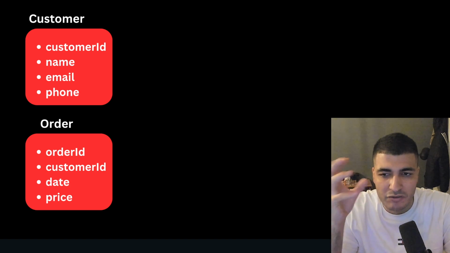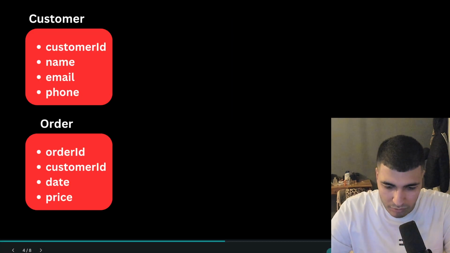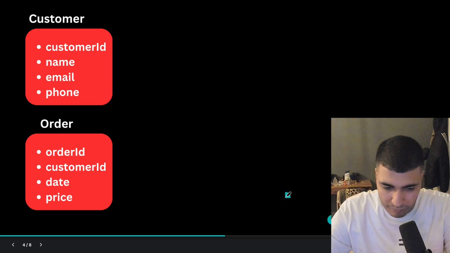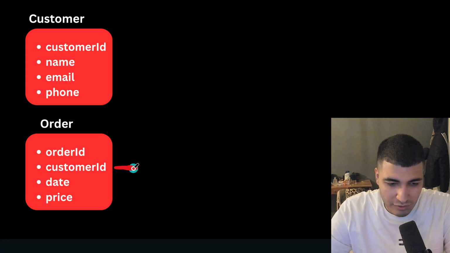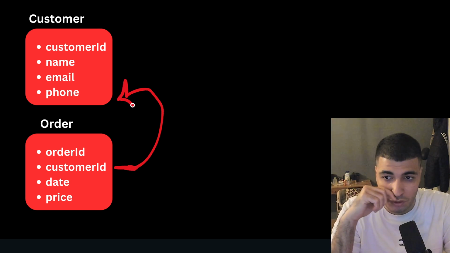So instead of creating all of that, we will do something like this. We will add the customer ID here, and this customer ID will basically point to the actual customer that we're talking about.